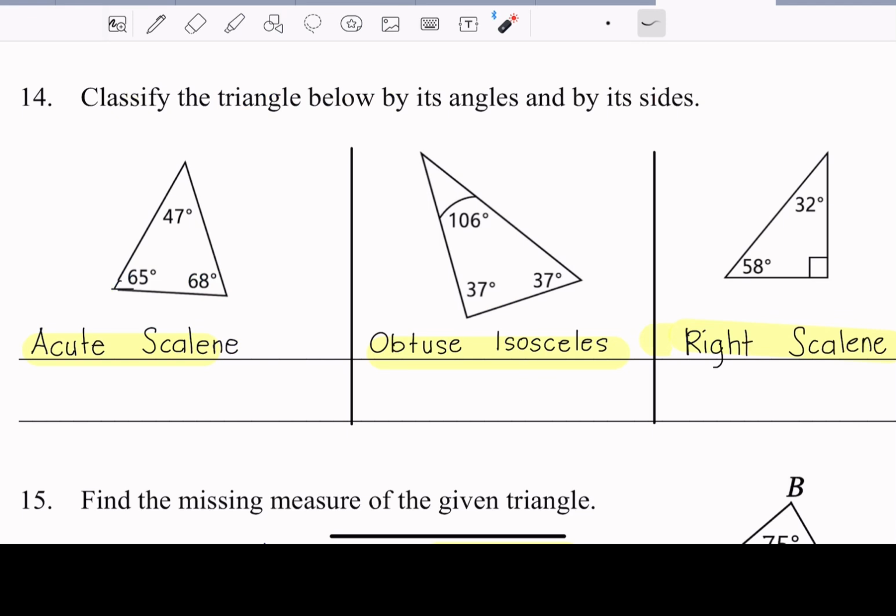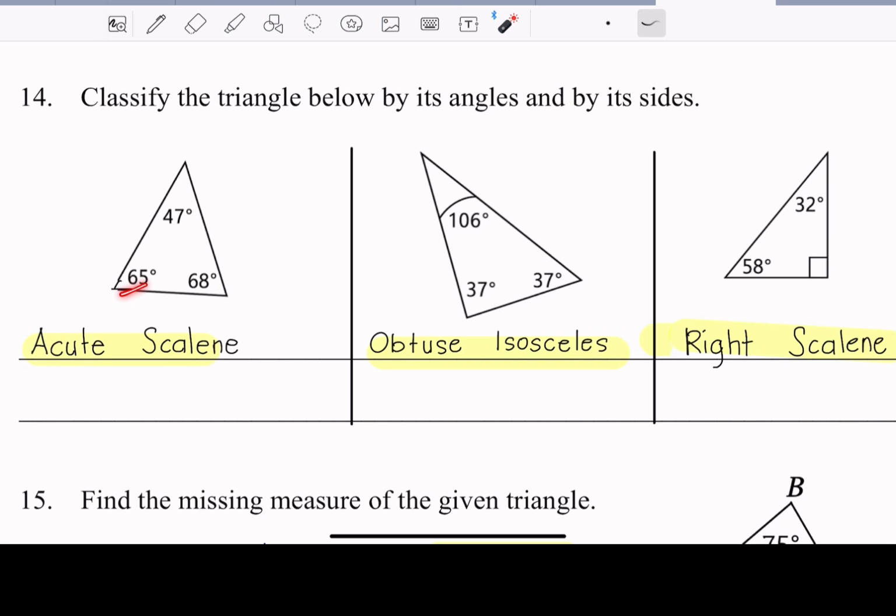Question number 14. Classify the triangle below by its angles and its sides. So if you notice, we have 3 triangles here and they have these values here: 65, 68, and 47. Since they are less than 90 degrees, they are called acute.